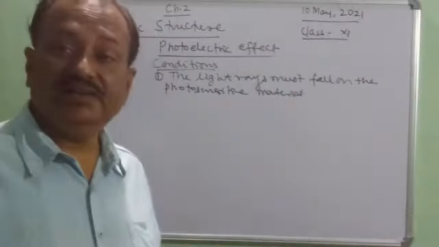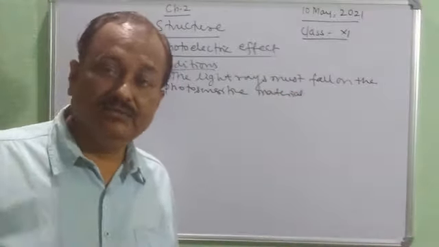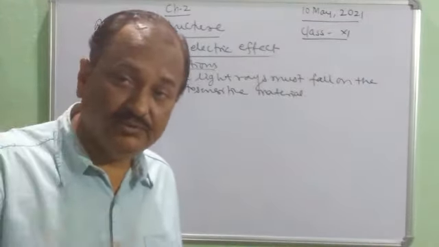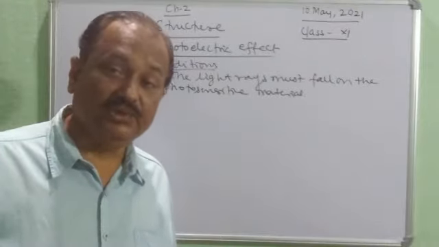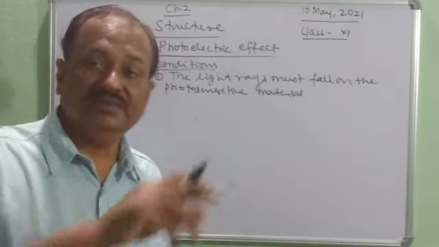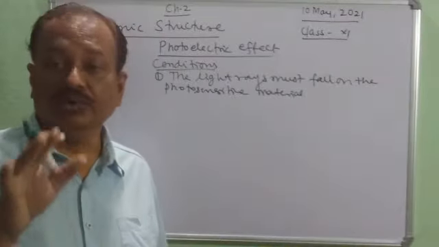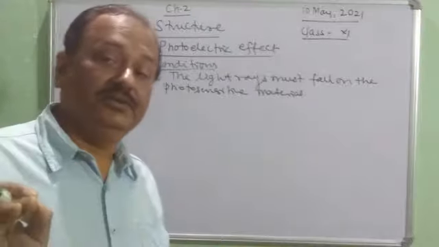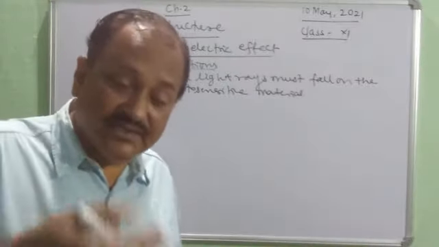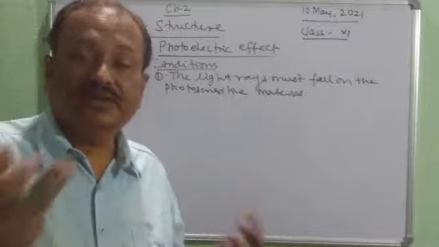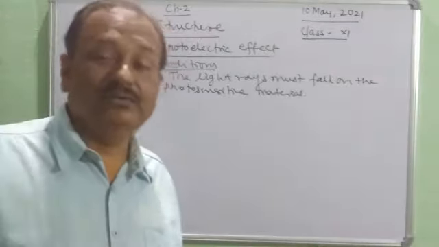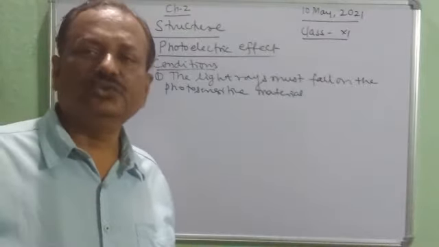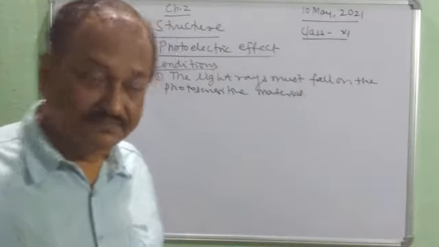If the material is not photosensitive, there will not be photoelectrons. Silicon, germanium, and a few other elements are photosensitive because the electrons in the outermost orbit are bonded with a poor force of attraction, so the requirement of energy is very, very less, and by a little amount of energy, the electrons are ejected out of the valence shell, and they start moving in the circuit, and so there is the photoelectric effect.